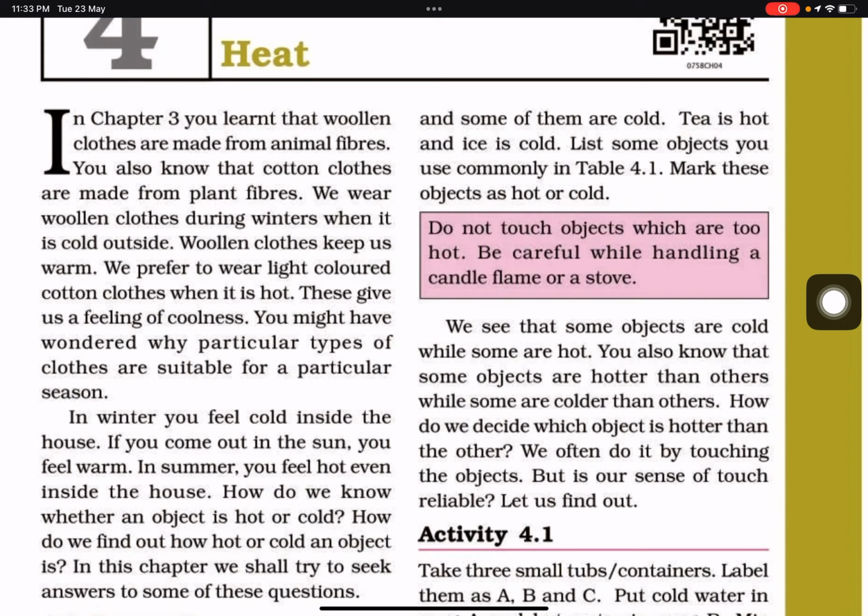And when we touch it and feel cold, or taste it and it has coldness, we say it is cold.